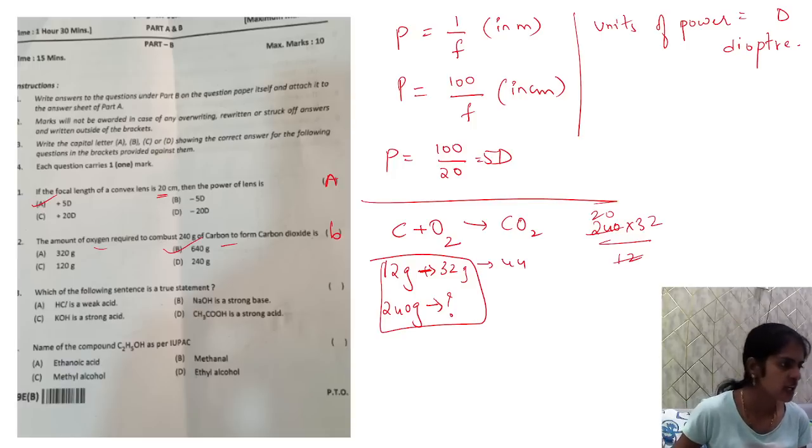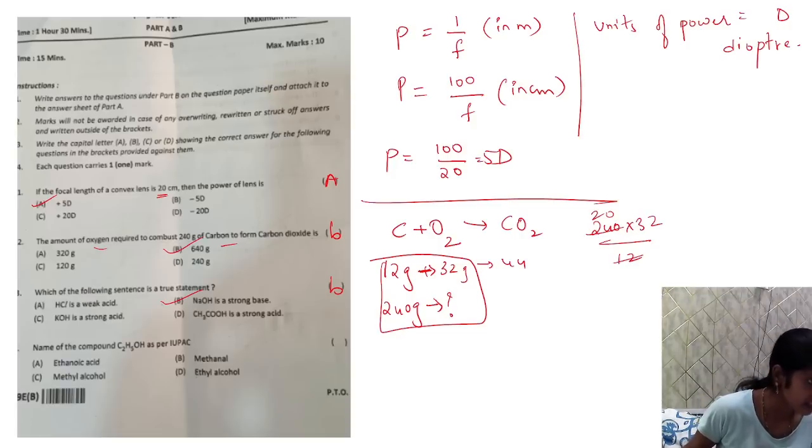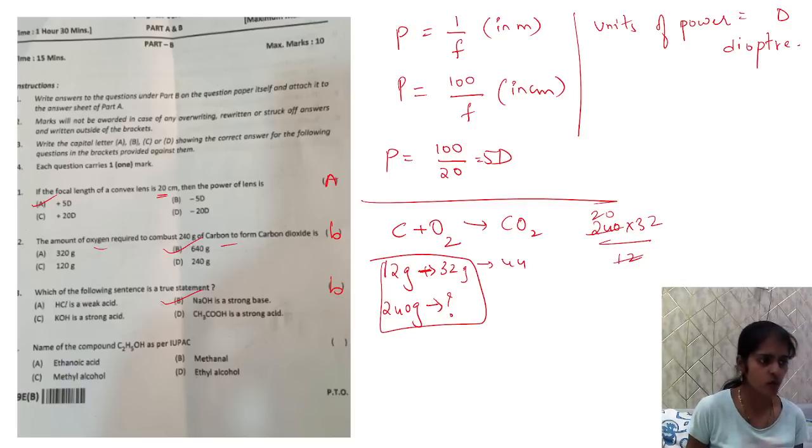Next question. Which of the following sentences is true? HCl is a weak acid? False, it is strong. NaOH is a strong base? Yes. Option B is correct. KOH is a strong acid? False, it is a base. CH3COOH is a strong acid? All these are bases, isn't it?